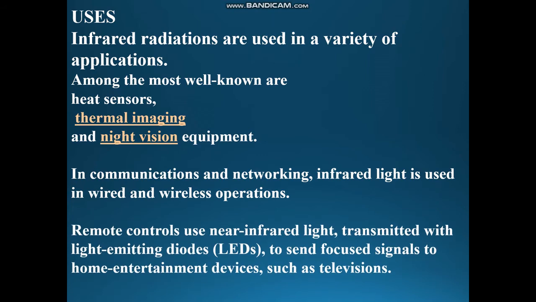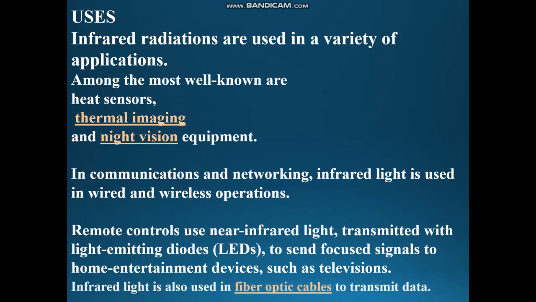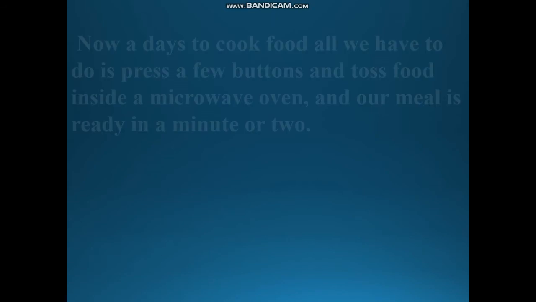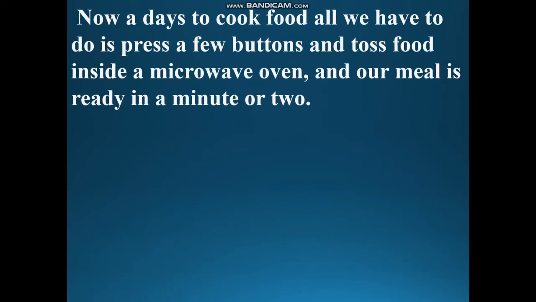Remote controls use near infrared light transmitted with light emitting diodes to send focus signals to home entertainment devices such as televisions. Infrared light is also used in fiber optic cables to transmit data. Now, this was all about infrared radiations.